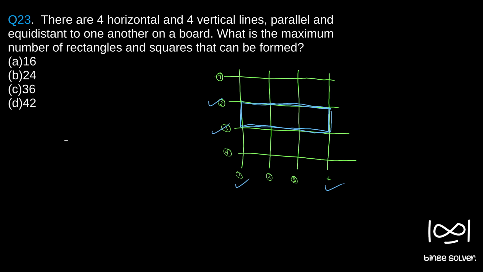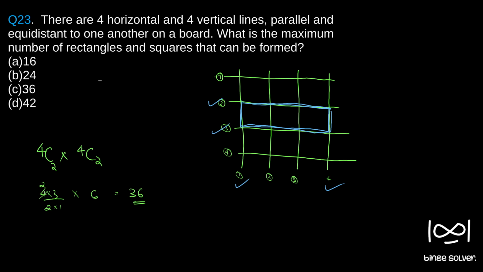It will be how many ways we can select two horizontal lines: 4C2 ways. And in how many ways can we select two vertical lines? 4C2 ways. So 4C2 is (4 into 3)/(2 into 1), which is 6. Similarly 4C2 is 6. So 6 into 6 is 36.